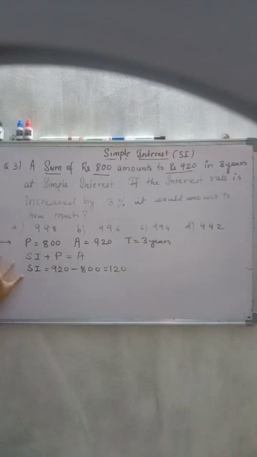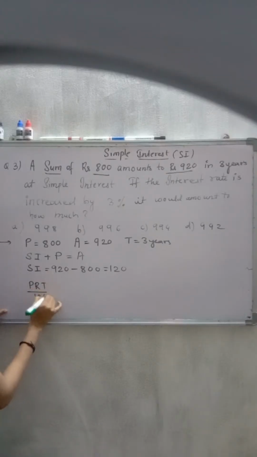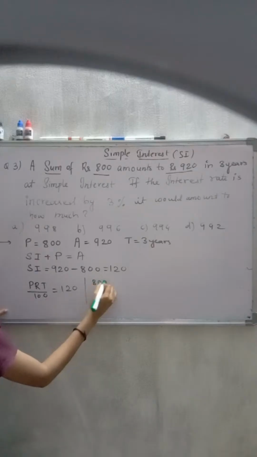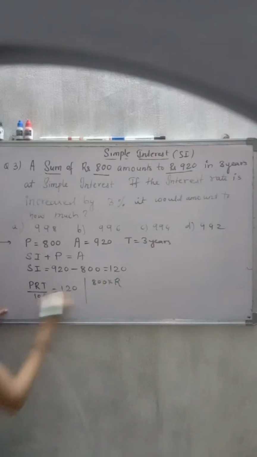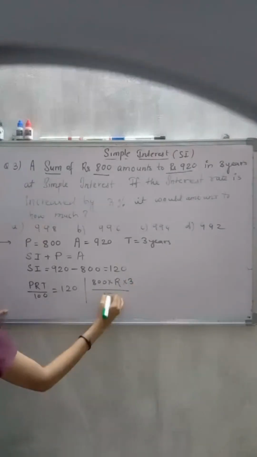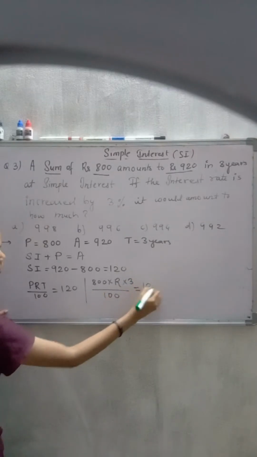Now we have SI, principal, time period, we can calculate rate of interest. SI is PRT by 100, which is equal to 120. Principal is 800, rate of interest we don't know yet, time period 3 years, divide by 100 equal to 120.